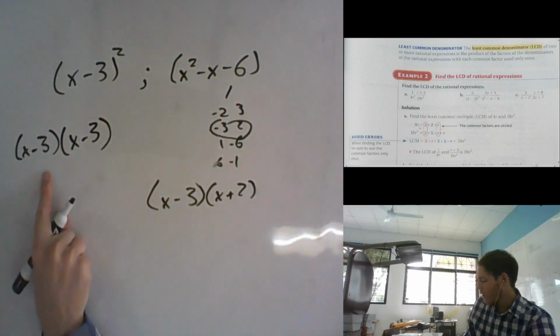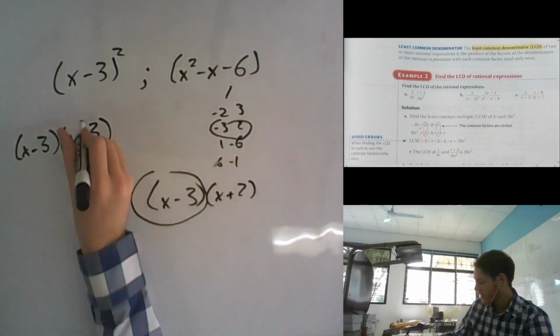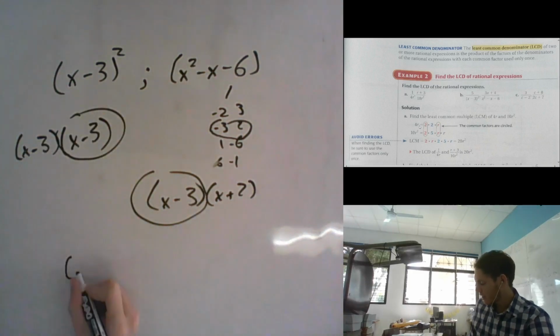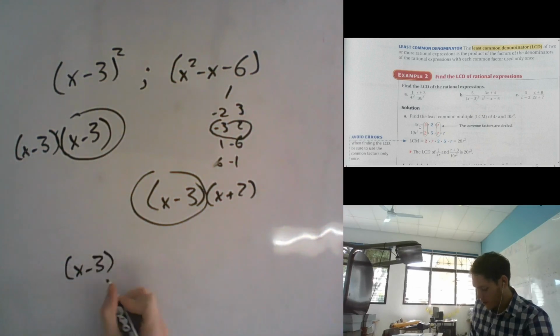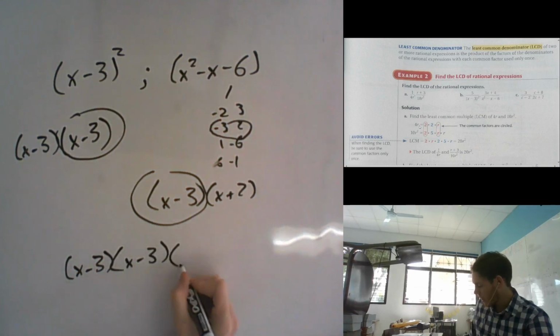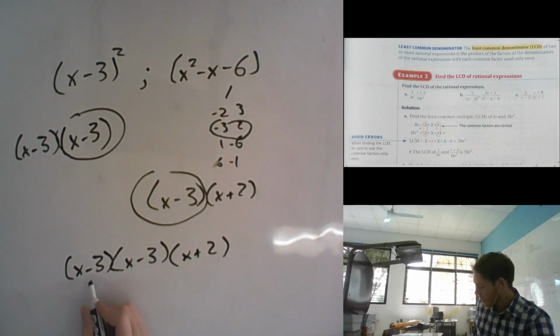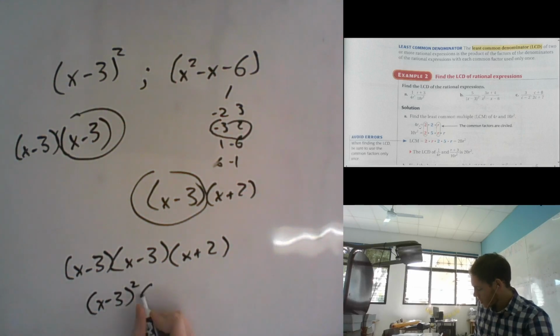Now what factors do they share? They both share this thing right here. So write that, x minus 3. Then we write our others, so x minus 3, there's two of them, and x plus 2. So our greatest common factor, we could turn this into a squared, so it could be x minus 3 squared times x plus 2.